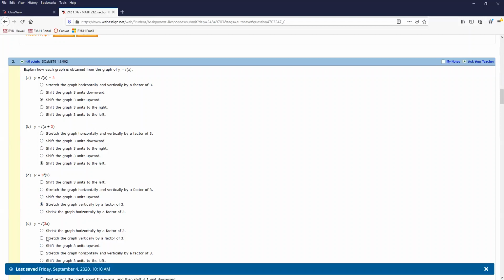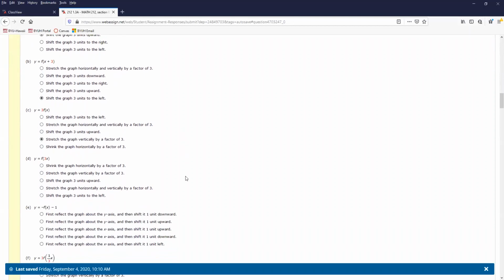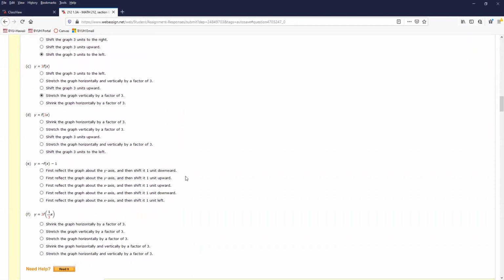And this one, part G. So that's inside. Inside means horizontal and opposite. So this would be shrinking it horizontally by a factor of 3.